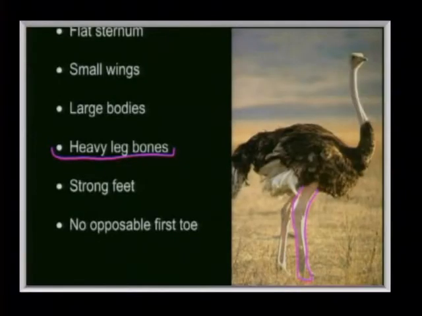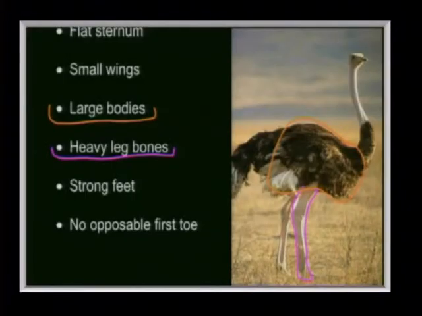Then you can see, look at this, if I can just change the color, you can see there, it has quite a large body. Again, most birds' bodies are relatively small. The reason for that is less mass, less energy expended for takeoff, and then of course for flight itself.